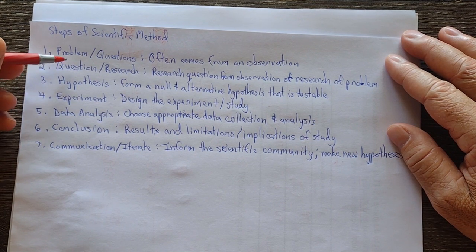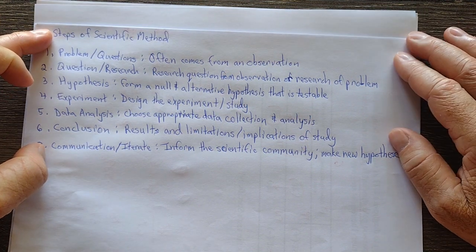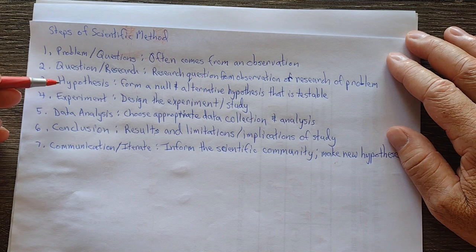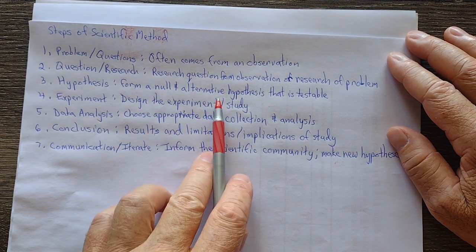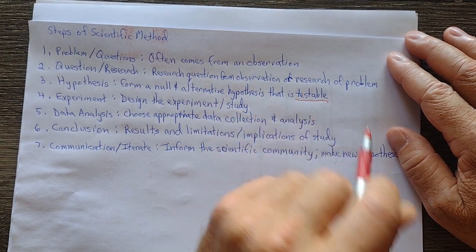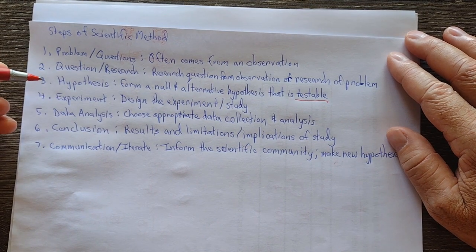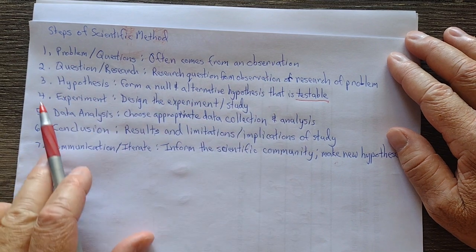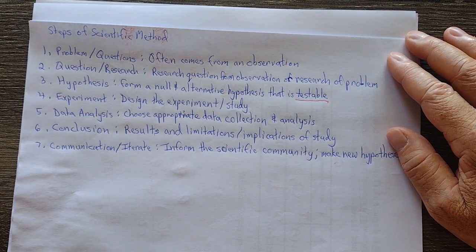Then from that research question, we will start to develop an actual statement, which is not a research question, and that statement will include a hypothesis, and we will form a null and an alternative hypothesis that is testable. So how we design and state our hypotheses needs to be testable, because our next step would be the experiment itself.